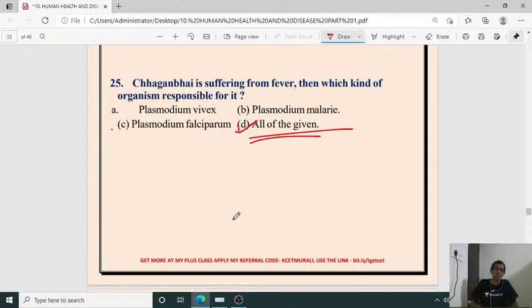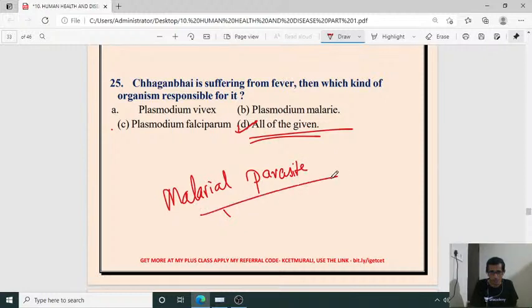And in that also, Plasmodium falciparum is more virulent. The occurrence of malaria is highest with Plasmodium falciparum. So these are the malarial parasites.